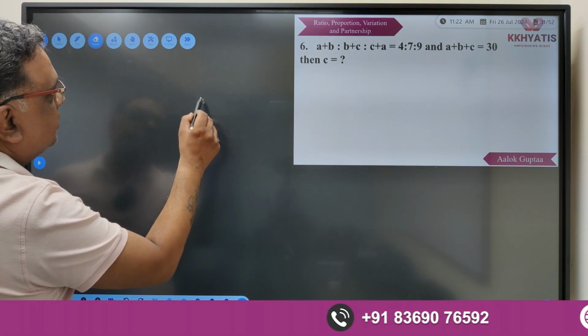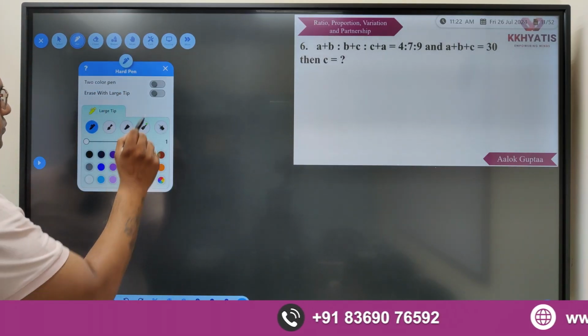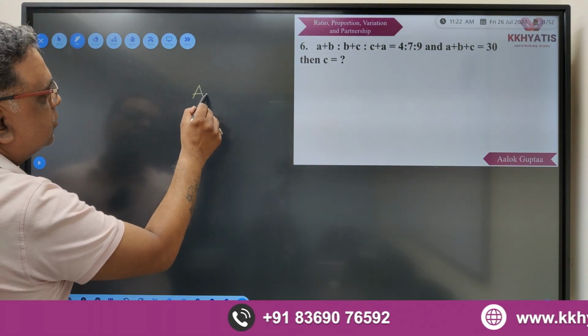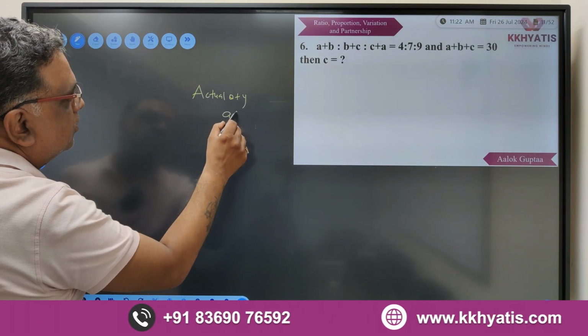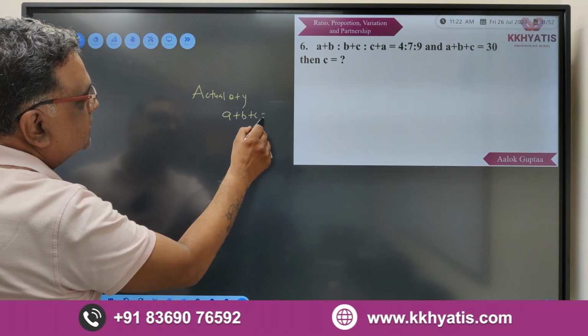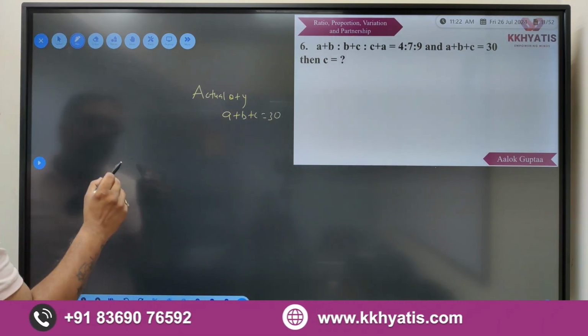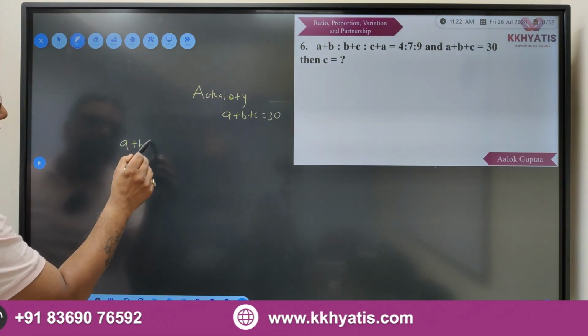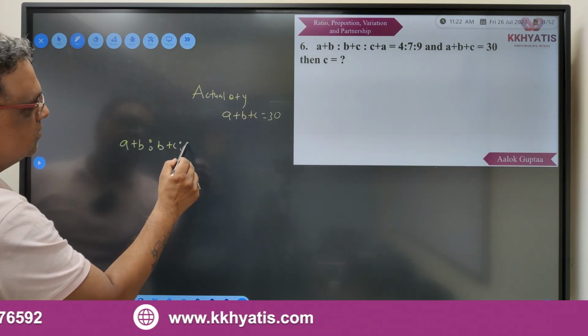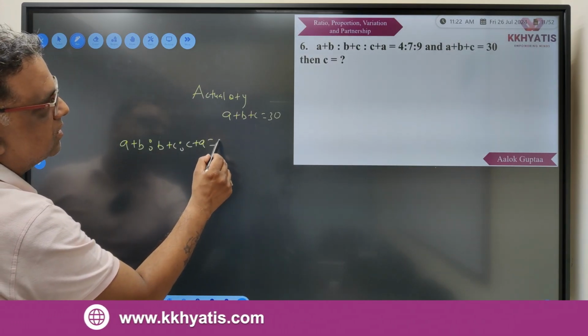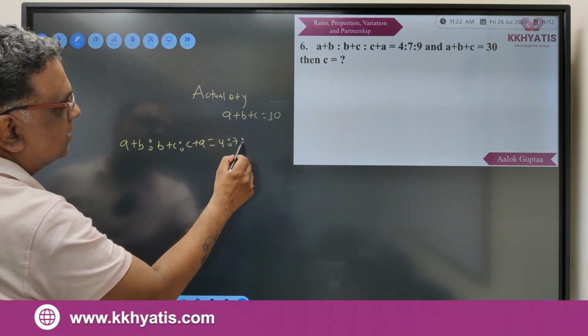So actual quantity, the total of A plus B plus C is 30. And in terms of ratio, I have been given A plus B is to B plus C is to C plus A equals to 4 is to 7 is to 9. Okay.